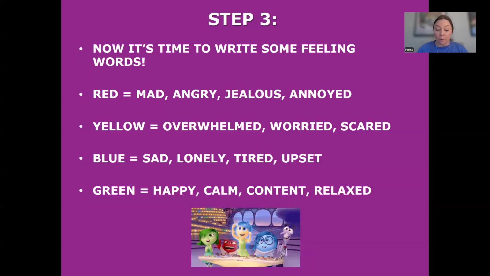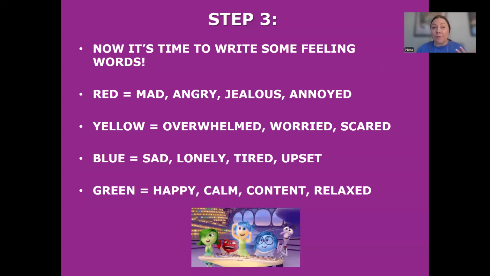As you're writing the feeling words in the different sections, remember the Inside Out characters. They really helped me when I was working on this. And as I was working on my project, I kept thinking about all of them and some of the feeling words that they used throughout the movie. I would also suggest maybe asking a friend, a parent, or a brother or sister who might be home as you're watching this to see if they have any insight or ideas of different feeling words.